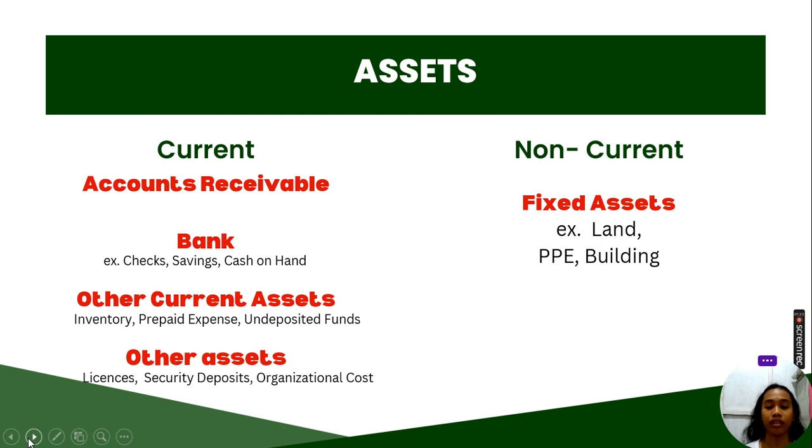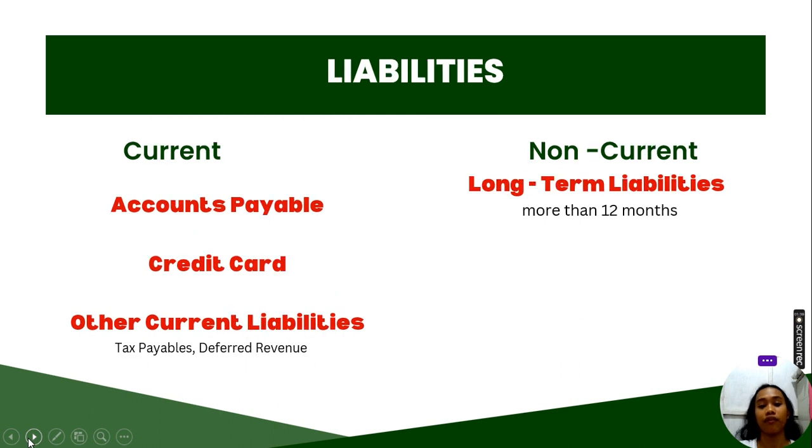When we talk about the non-current assets, this refers to the fixed assets or your tangible assets. This includes your land, property, plant and equipment, as well as the building. Liabilities include your current and non-current liabilities.